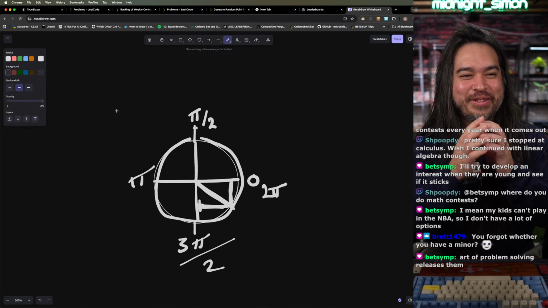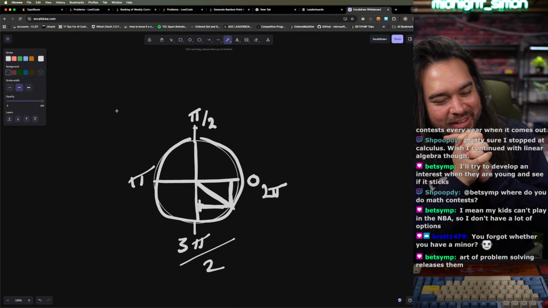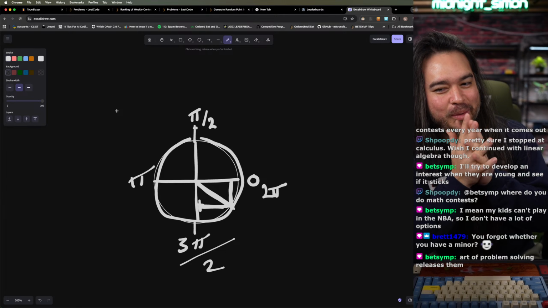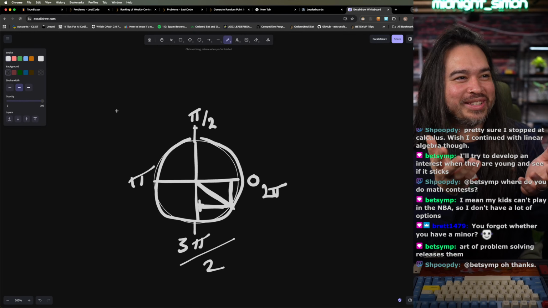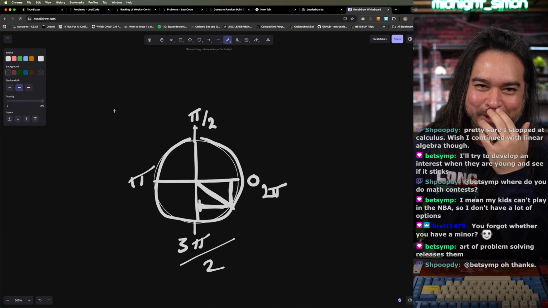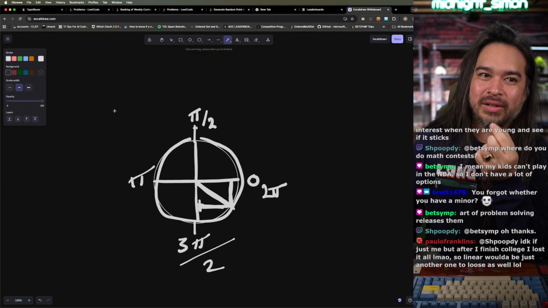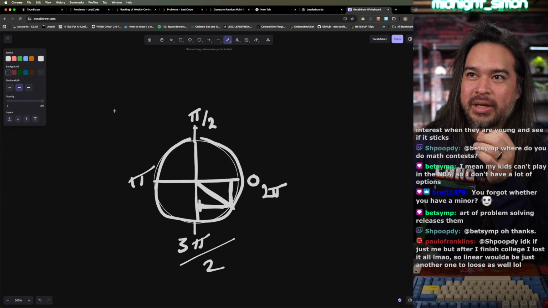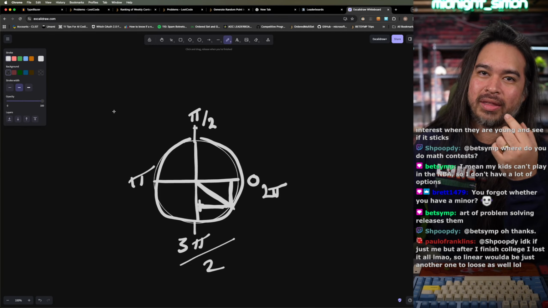You forget whether you have a minor? I think I do. I think you have to apply for it. But it's so long ago, Brett, and what is a minor even for? It doesn't serve any purpose except it goes on your I love me wall, right? I don't have one of those walls. I think most engineers have a minor in math. I remember when I was going through college, they told me, hey, if you just take one more math class, you'll get the minor.